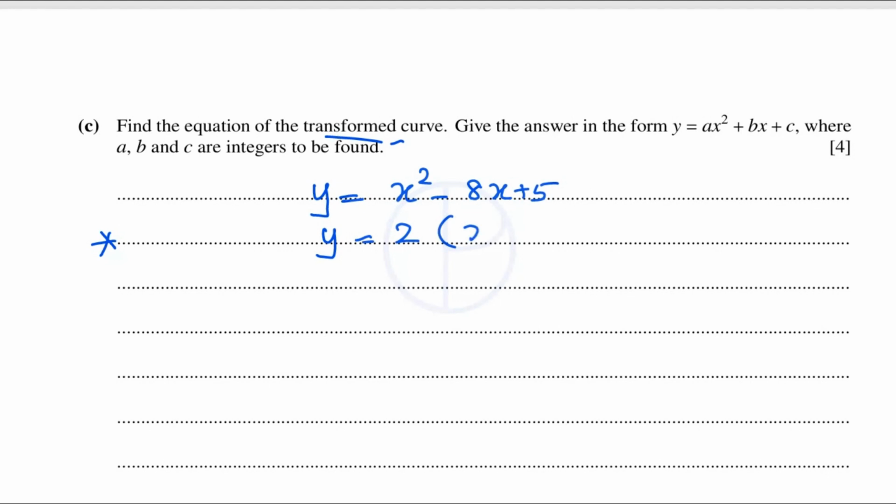Two times x square minus 8x plus 5, which is 2x square minus 16x plus 10. Next is a translation.